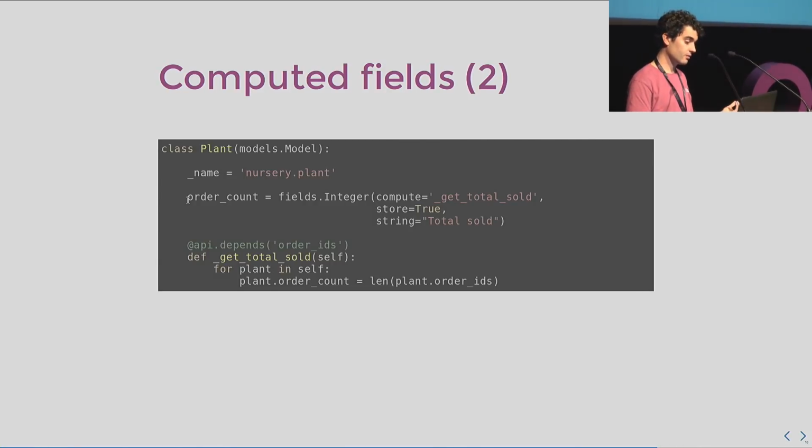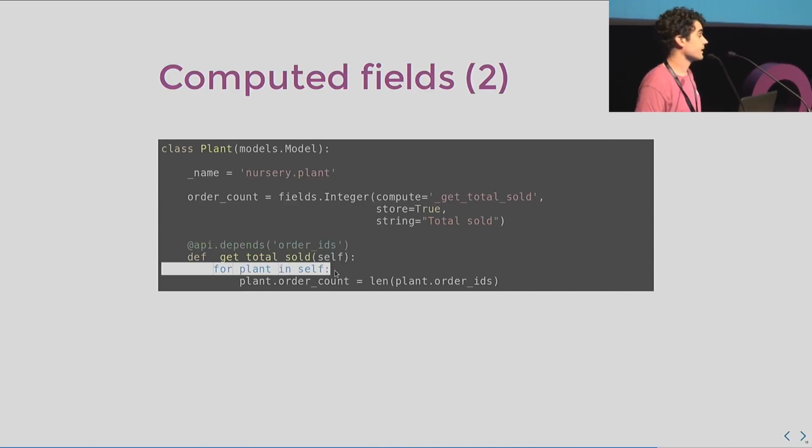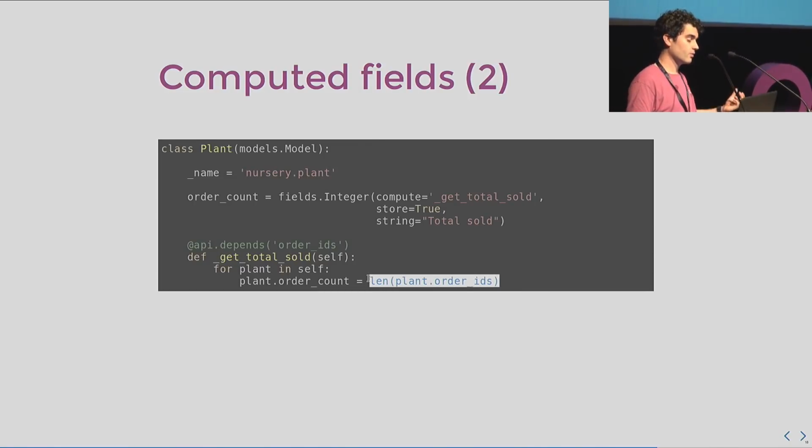Here, I created a method called get_total_sold. I will store it in the database, and I will give it a label that is Total Sold. And then, to compute it, again, I make a loop because maybe I am accessing this value for more than one record, for plant itself. And I assign a value, plant.order_count equals the number of orders that are present on my previously defined order_ids field.